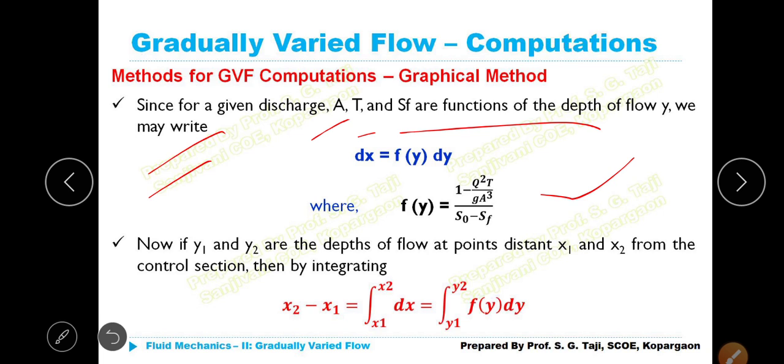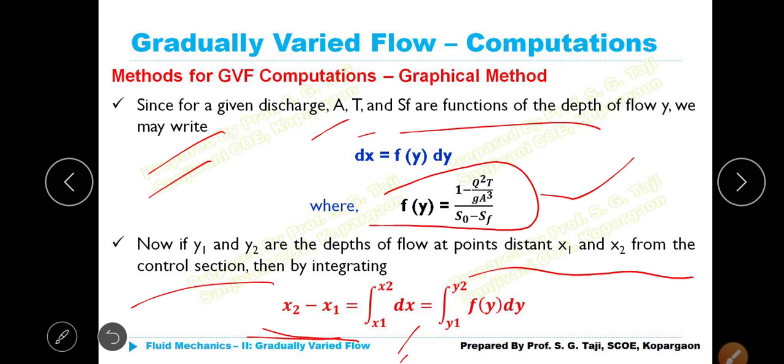Now, if y1 and y2 are the depths of flow at points x1 and x2 from the control section, as you have studied in the previous slides, then by integrating, we get x2 minus x1 is equal to integral x1 to x2 dx, that is equal to integral y1 to y2 f of y dy.